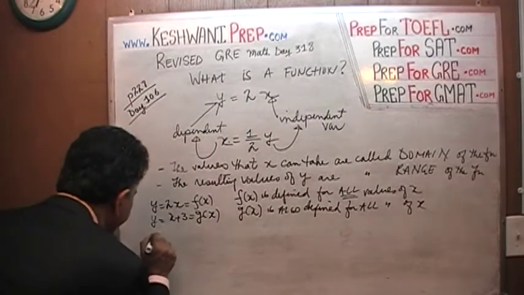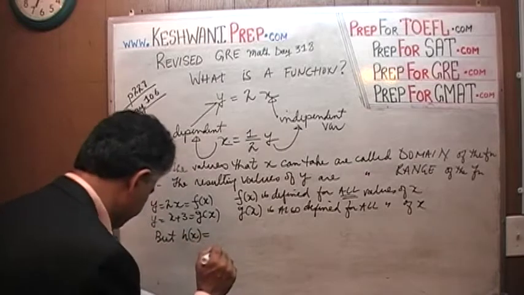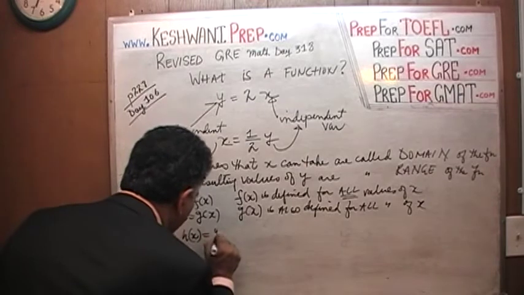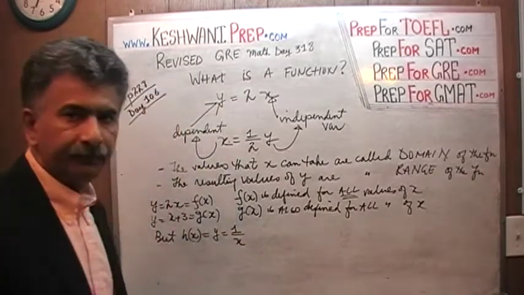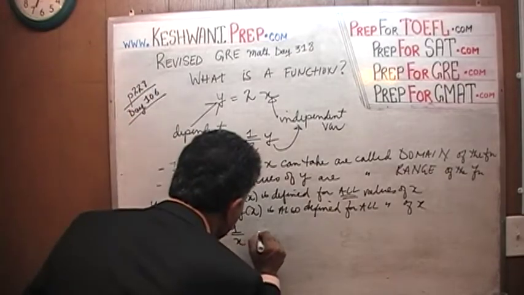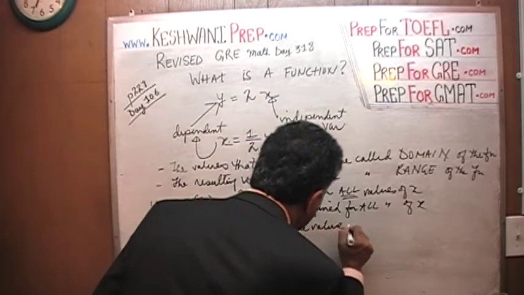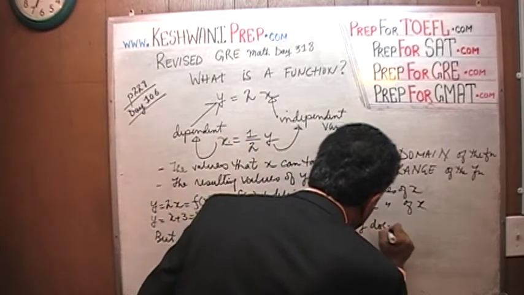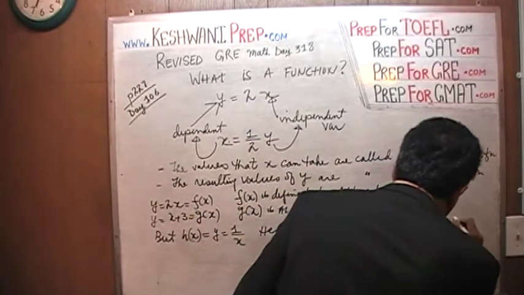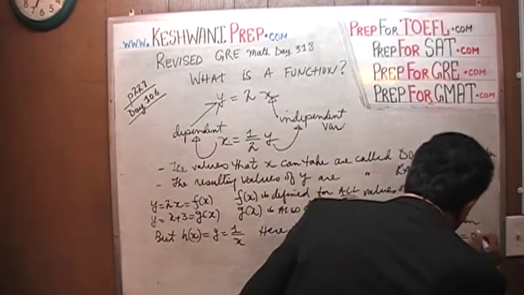But h of x, which was y equals 1 over x, here the value of y does not exist when x equals 0.